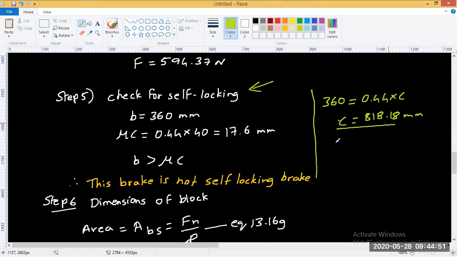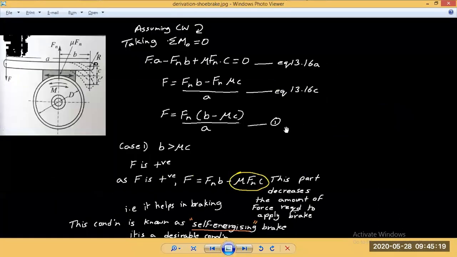Suppose it will become self-locking in this case. At this dimension, you can say that if C is this much, then the brake will become self-locking. The brake will become self-locking at this particular dimension. This C, which you can see here, right?